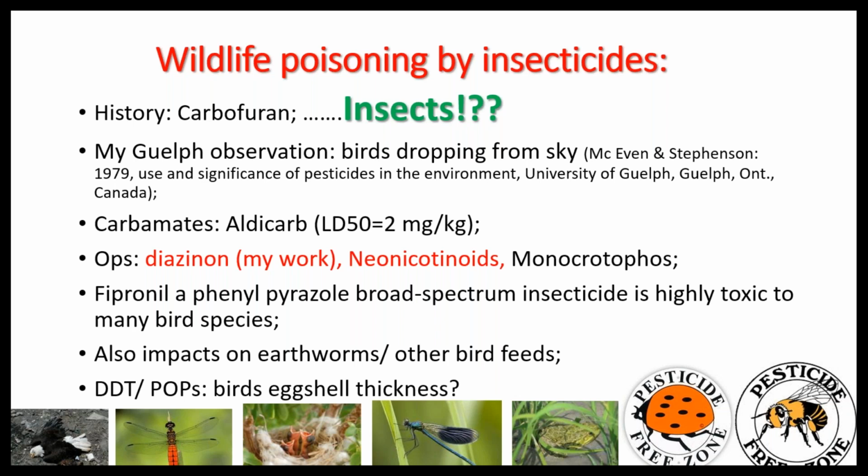We say insecticides, wildlife poisoning by insecticides. One of the worst ones that in the past is now stopped is carbofuran. I put the insects here in green because I mentioned this in many of my talks.